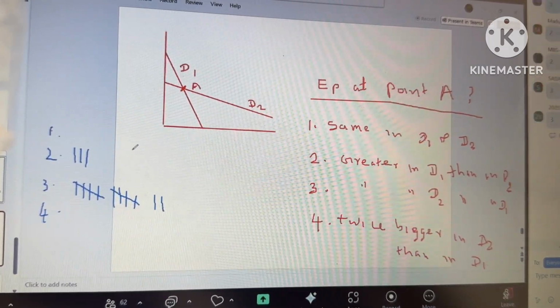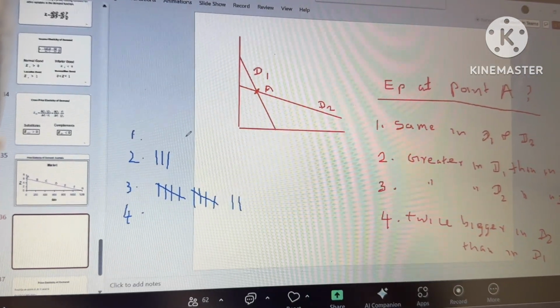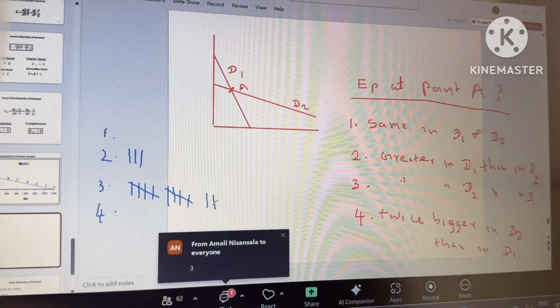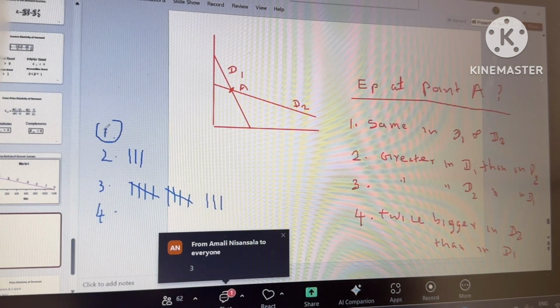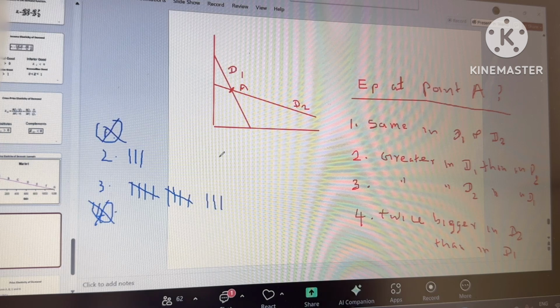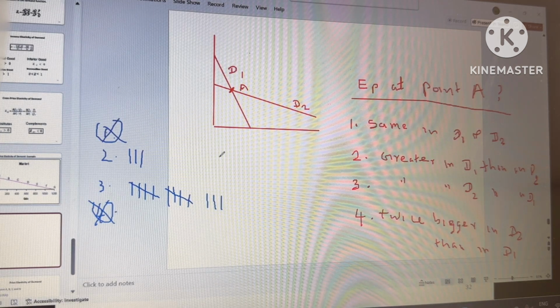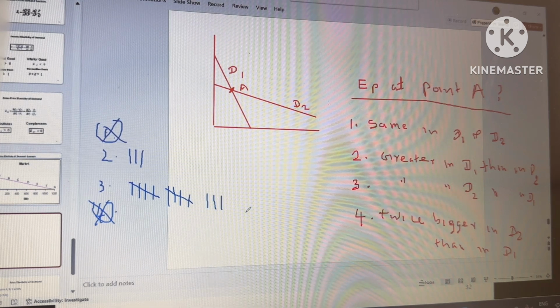At least another 3, 4 people. Actually, first and fourth are already out of the competition. Okay. So are we going with the majority?